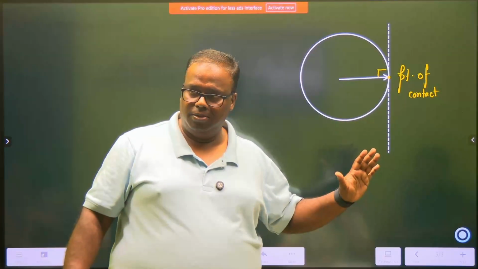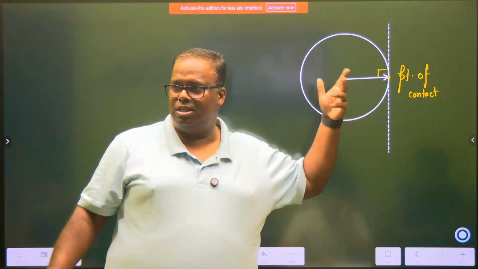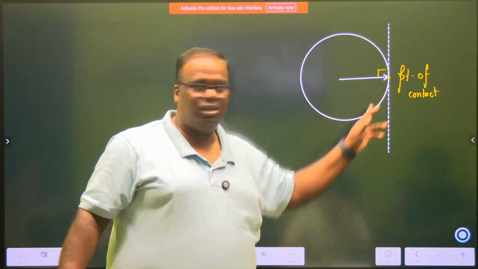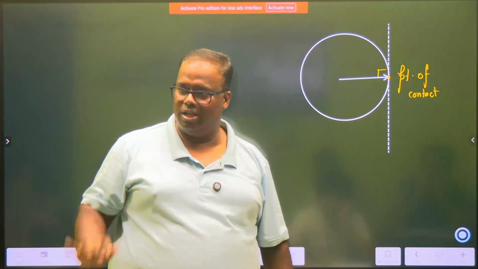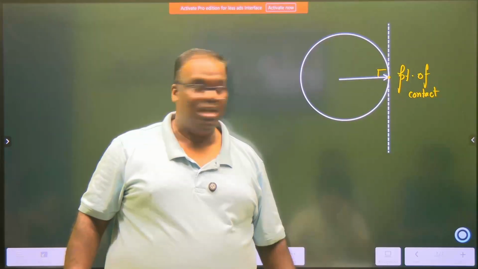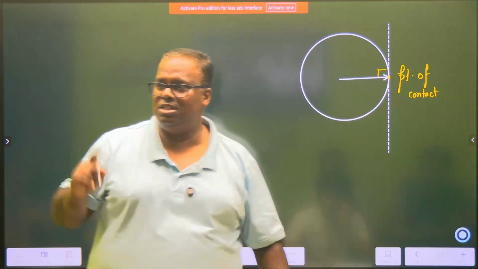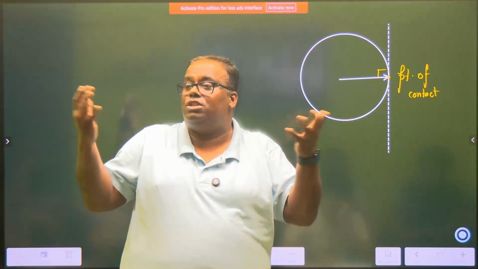Is it clear? Now, put this story into our physics. Circle is abolished. I have a concave mirror. The radius is a part of the principal axis. Agreed? And the point of contact is the point of incidence. And you are making 90 degrees, which means the principal axis itself is the normal.